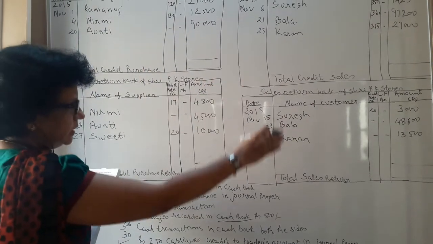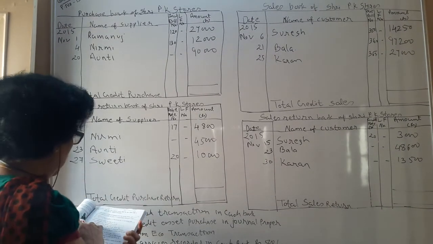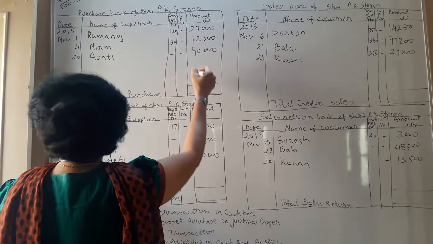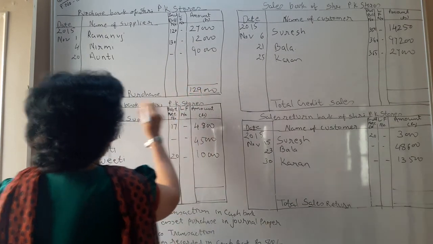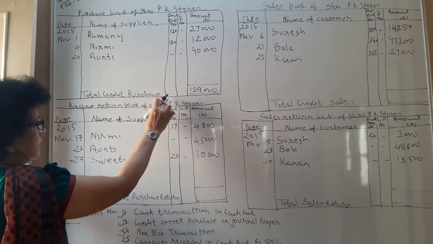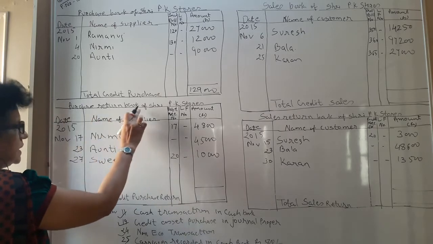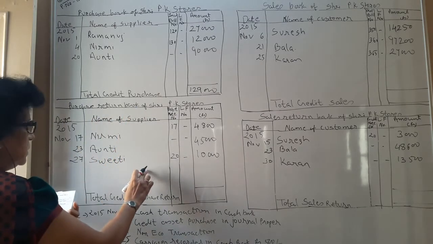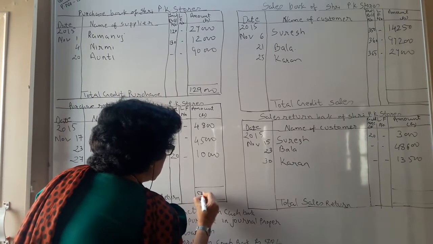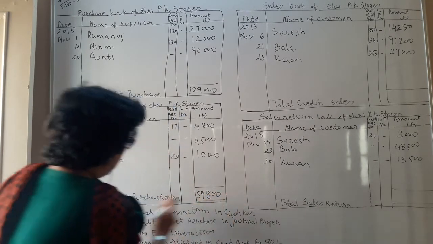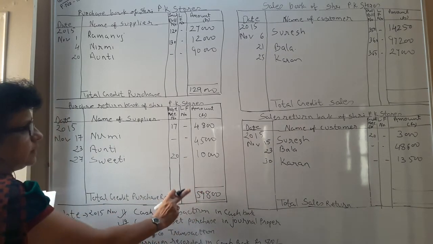So after doing the posting of all, we have to close the books one by one. You will get the purchase book total, that is 1,29,000, that is to be called total credit purchase. After the purchase book, the second book is the purchase return book. The total of the purchase return book is 59,800, so credit purchase return 59,800.